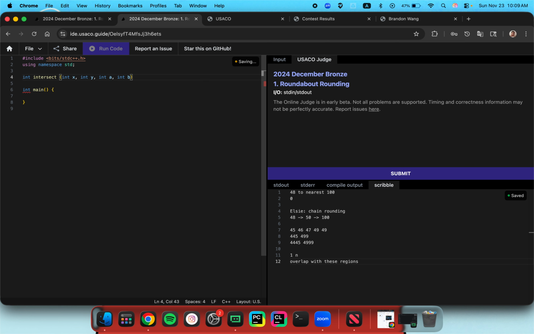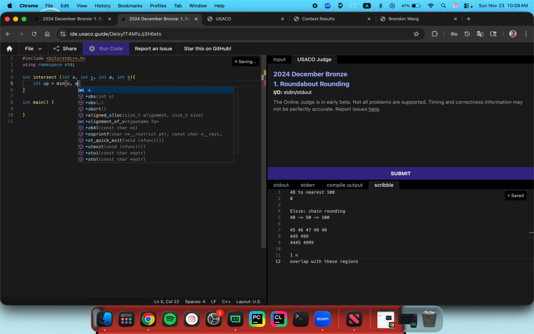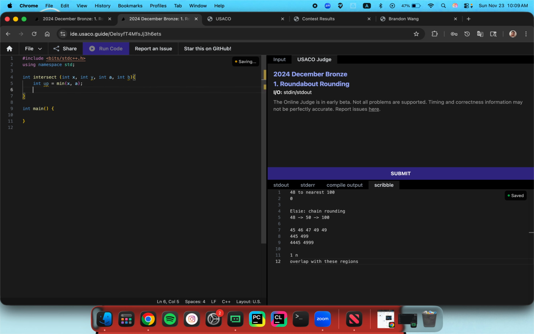To find the overlap, we find the upper bound, which is the minimum of x and a, and low, and high is the minimum of y and b. Then you just return the maximum of 0 and high minus low plus 1.